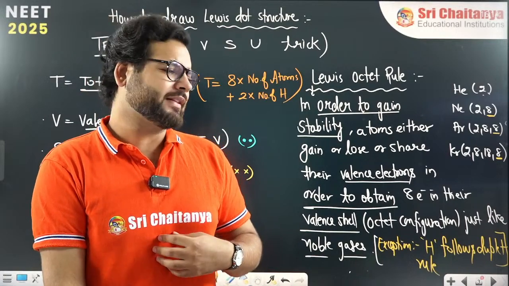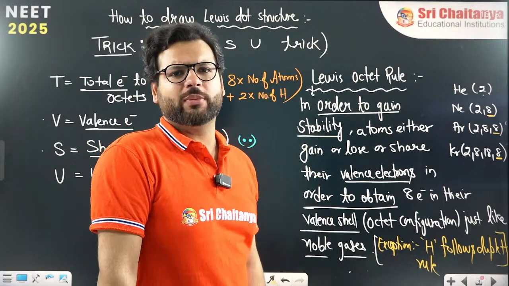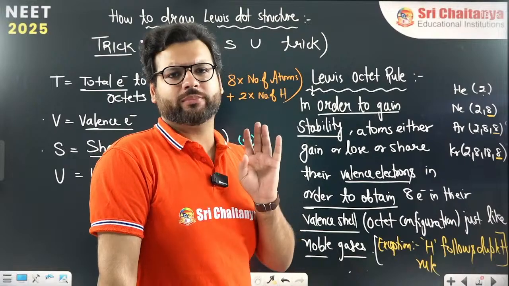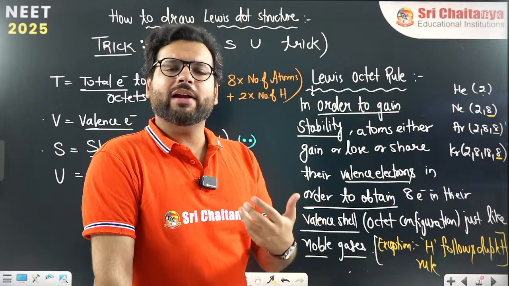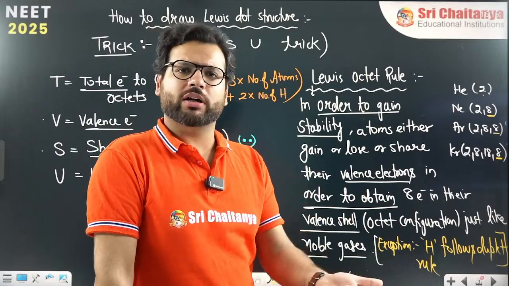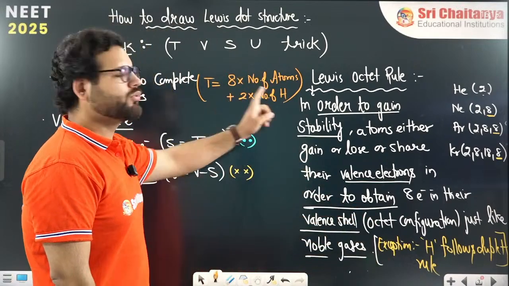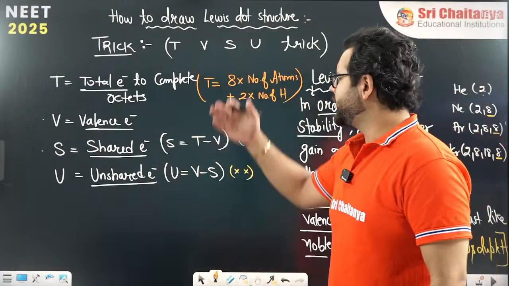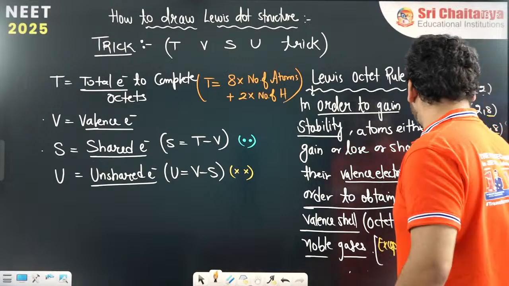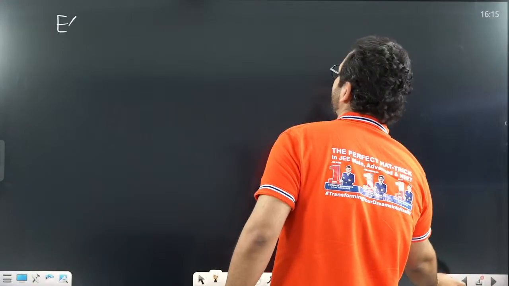If the molecule is H2O, hydrogen says, I want 2 electrons to become stable, but oxygen says, I want 8. So hydrogen will always try to complete a duplet, and oxygen and other atoms will always try to complete an octet. So what is T? 8 times atoms plus 2 times hydrogen. Done. Once you can find TVSU, then you can easily draw the structure. Let us try the first one. Example number 1.